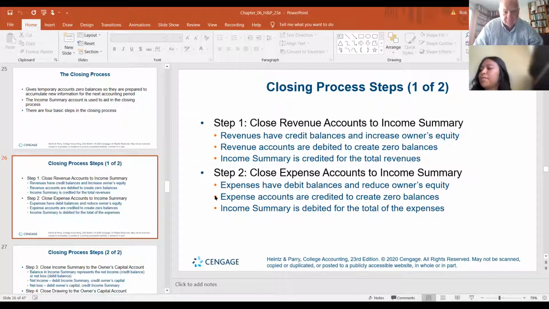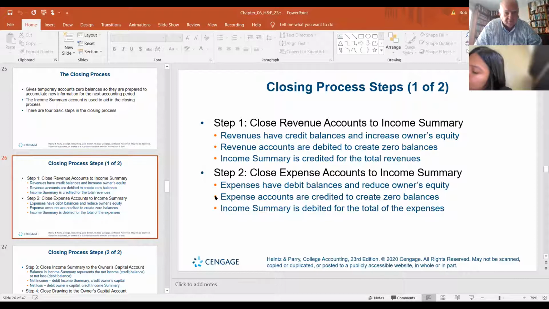Close the revenue. Revenues have a credit balance. So you're going to debit all of your sales accounts. At that point, those are closed. Then you go to your expenses. Step 2, go to the expenses. You will have to credit every single expense and debit the income summary.